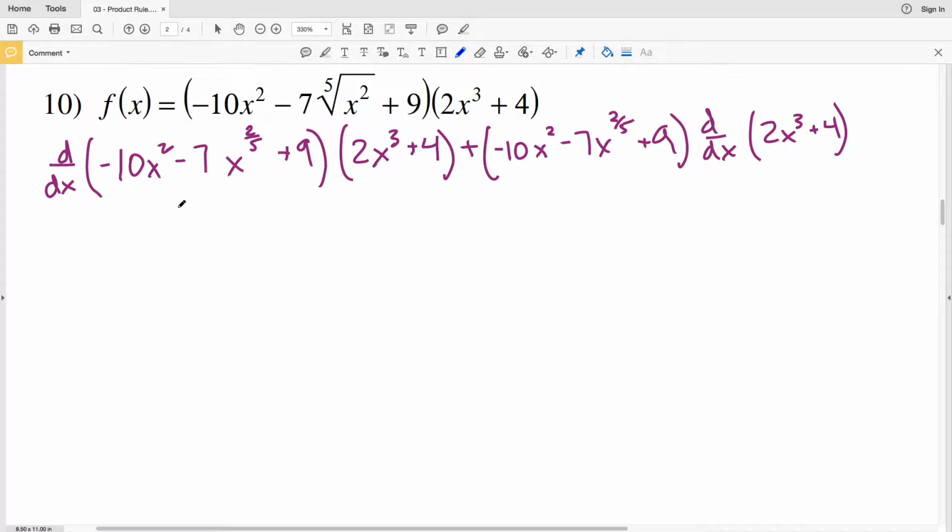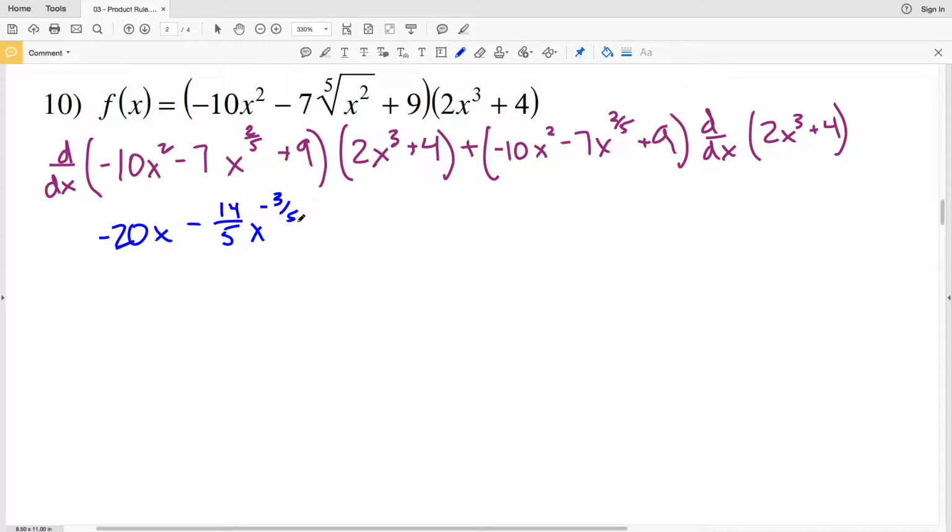Now, taking the derivative of my first polynomial, 2 times negative 10 is negative 20. So I'll have negative 20 times x to the 2 minus 1, which is x to the 1, so negative 20x. And then I'll be subtracting 7 times 2/5, which is 14/5, times x to the 2/5 minus 1. But 2/5 minus 1 is 2/5 minus 5/5, which is a negative 3/5.